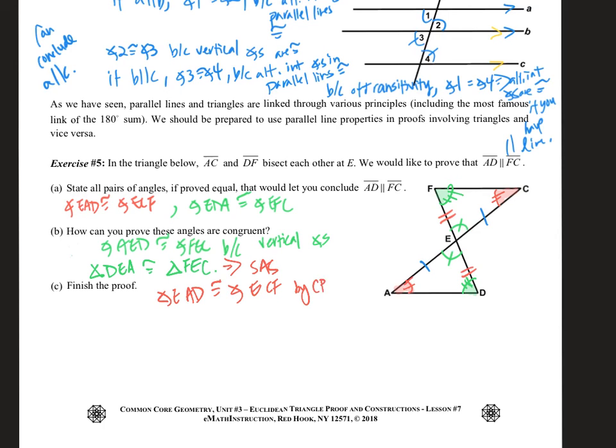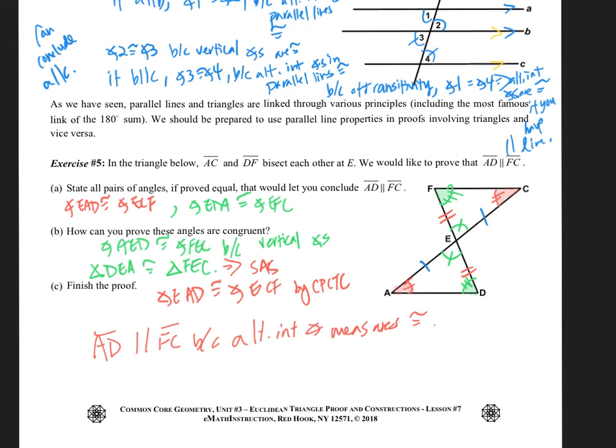So CPCTC. That's how we abbreviate it. And so we finished the proof just by saying that AD is parallel to FC because their alternate interior angle measures are congruent.